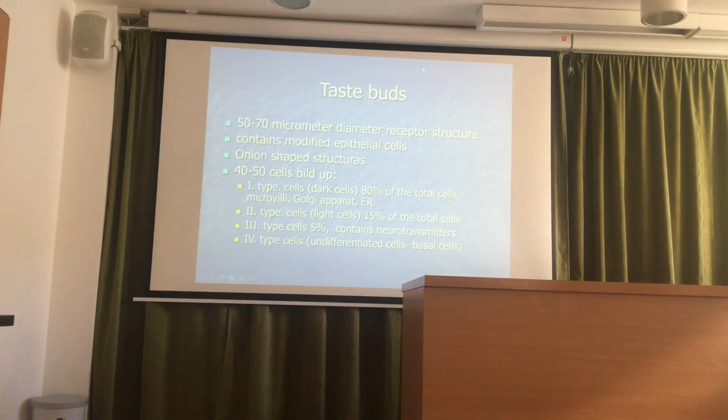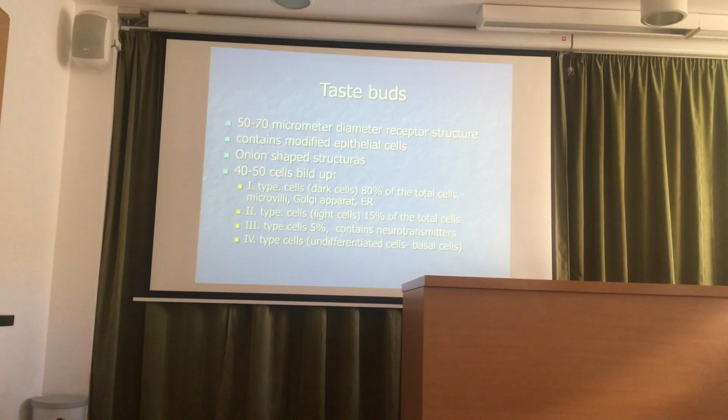So let's talk about the taste buds. These are the taste receptors. Basically, they are receptor structures 50 to 70 micrometers in diameter, containing modified epithelial cells. They are onion-shaped structures, and one taste bud is built up from 40 to 50 cells. The first type are the dark cells; 80% of the total cells are dark cells.